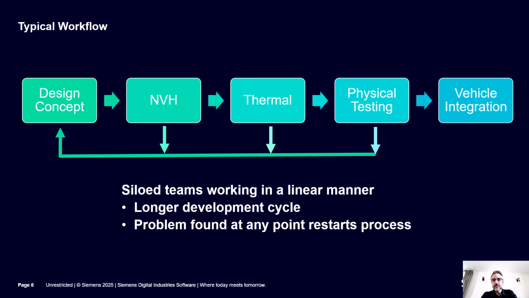That is not ideal because it leads to a longer development cycle, and also the fact that we solve an issue for one attribute, and this is going to create a problem on another attribute if not done carefully, and this all leads to a lot more iterations in the design.